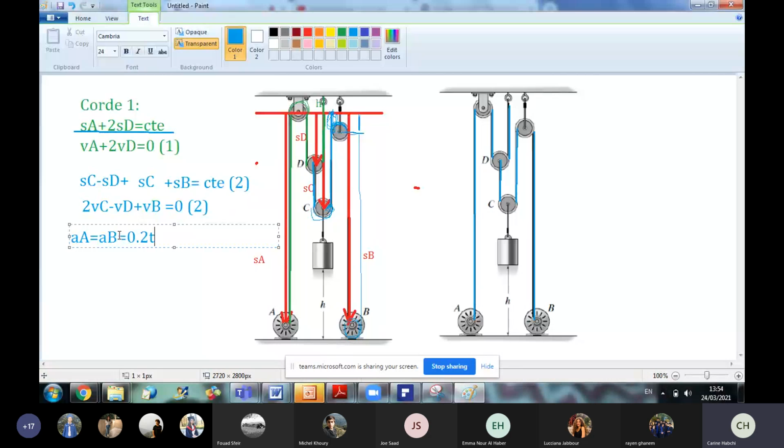When you replace VA and VB by their expression, you can get the functions VC and VD. So from this system of two equations with two unknowns, you can get VC and VD as function of time.